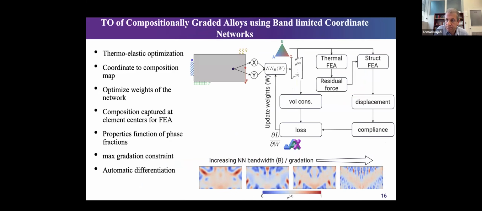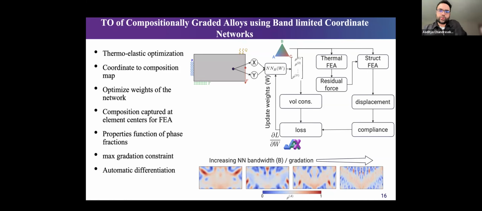Yes. So in some sense, yes. Just to bring the point back over here, the idea is that we use a simple neural network. This maps spatial coordinates to the composition at the point. So the design variables here aren't the elemental compositions like in traditional density-based optimization, but rather the weights of the network act as a pseudo parameterization, which dictates the overall material layout.